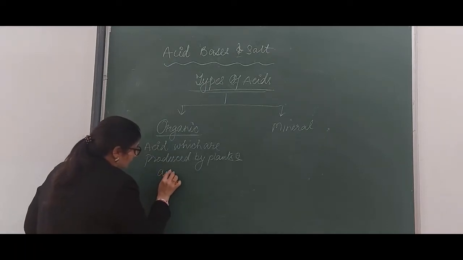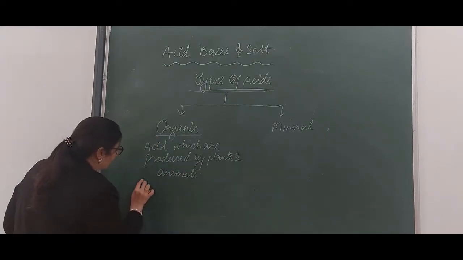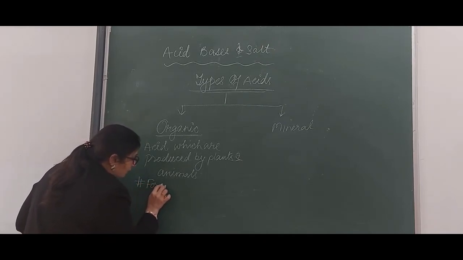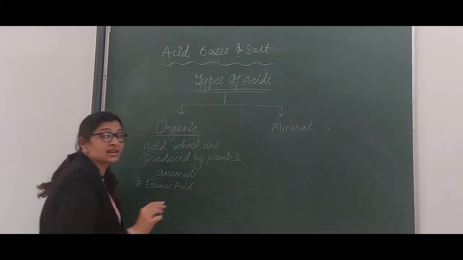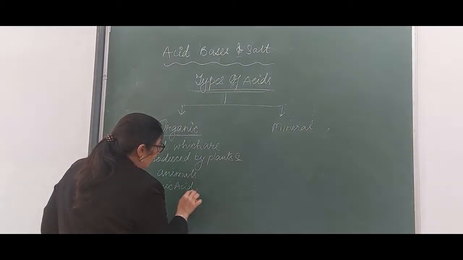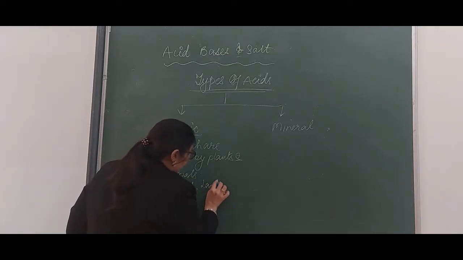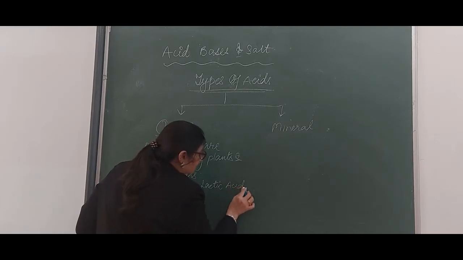For example, formic acid is present in the ant sting. Then we have lactic acid, which is produced by the bacteria lactobacillus.